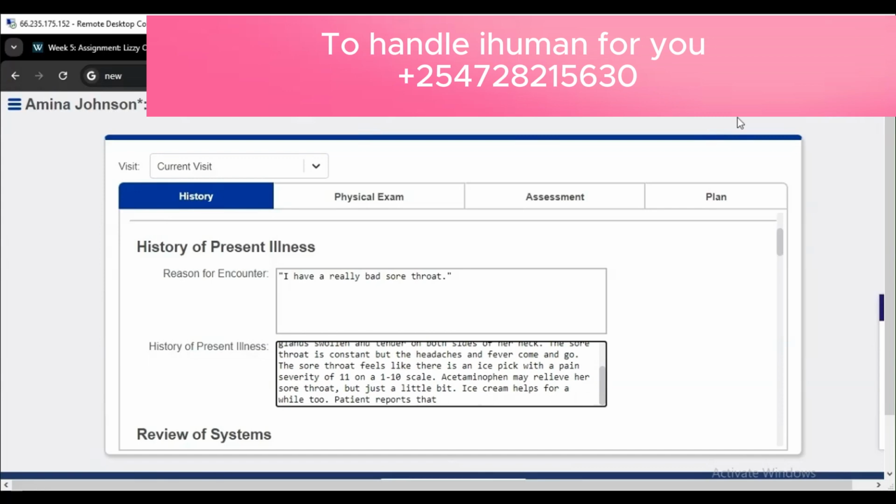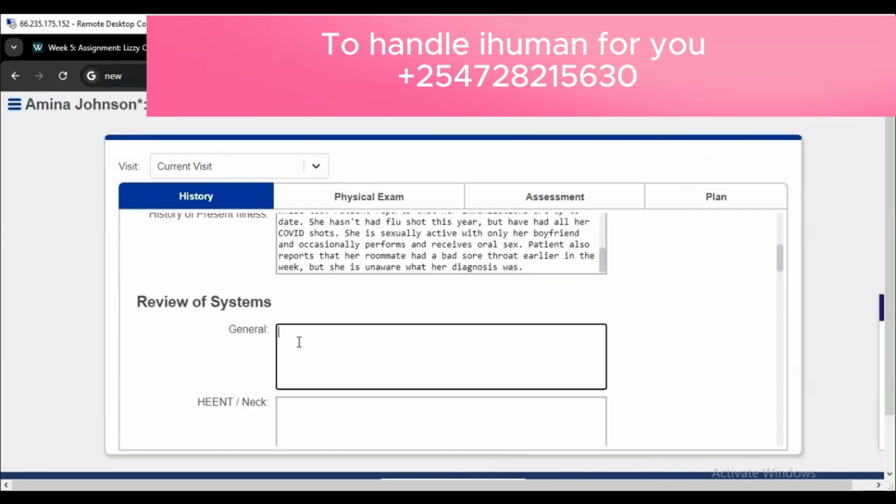Now the next part in the EHR is always a review of systems, which involves asking specific questions to determine the patient's overall health status. He or she could be having just the two symptoms which were the reason for encounter, but if you don't dig deeper, you might not know what other problems could be underlying these symptoms.